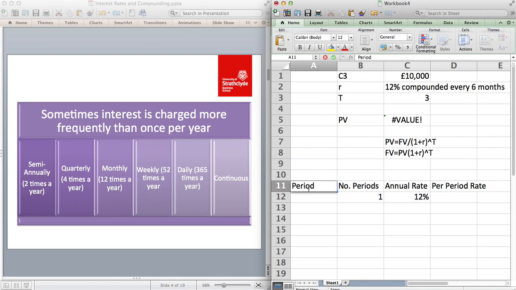So if we say annual, the number of periods is just 1, the annual rate is 12%, so the per period rate is 12%.